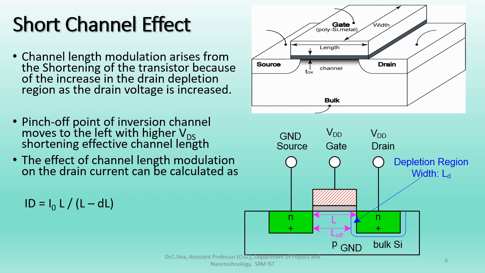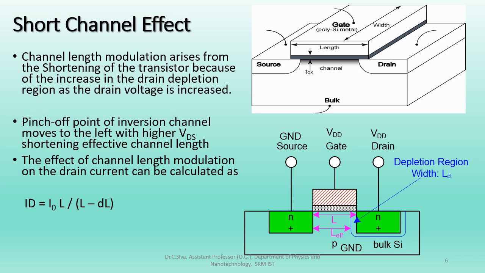A MOSFET becomes a short channel device when the channel length approaches the depletion width near the source and drain. When the channel, or the gate length, is approaching the equivalent of the thickness of source and drain, as small as that we can take.